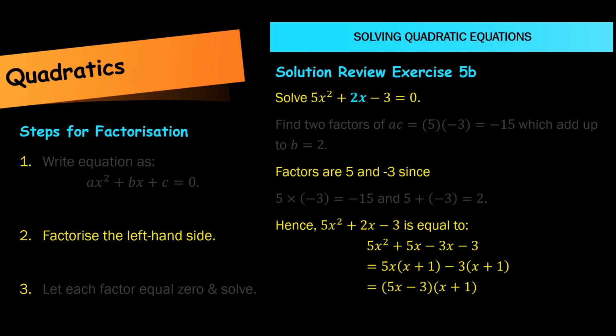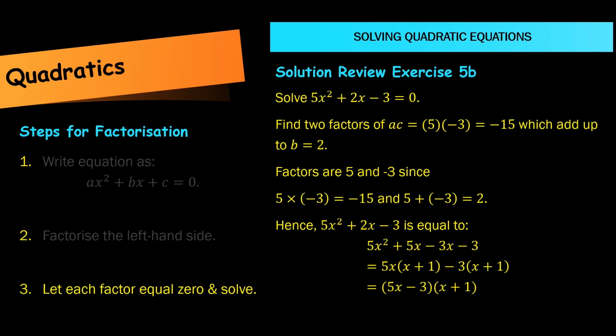And so we have x plus 1 here and 5x minus 3 here. And the expression has been factorized. Therefore, the solutions are x equals 3 over 5 or x equals minus 1 when 5x squared plus 2x minus 3 equals 0.